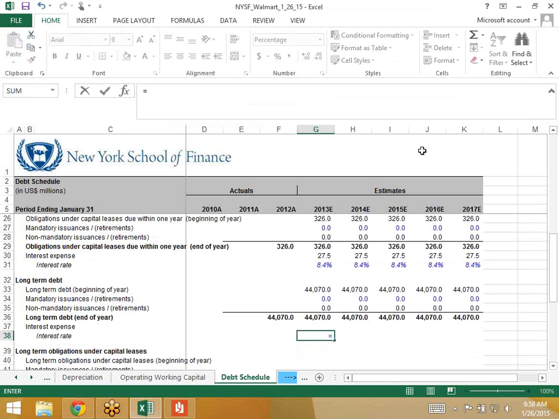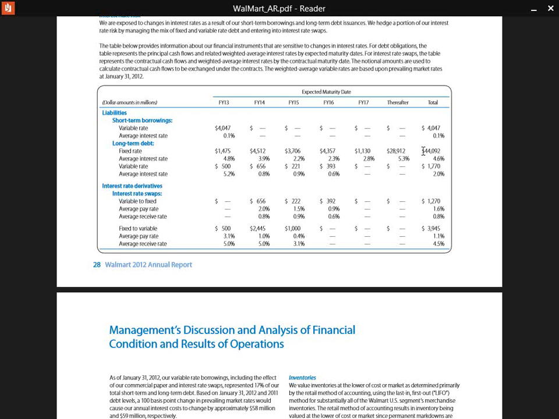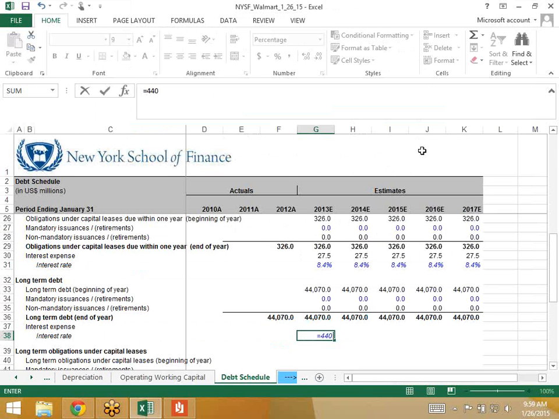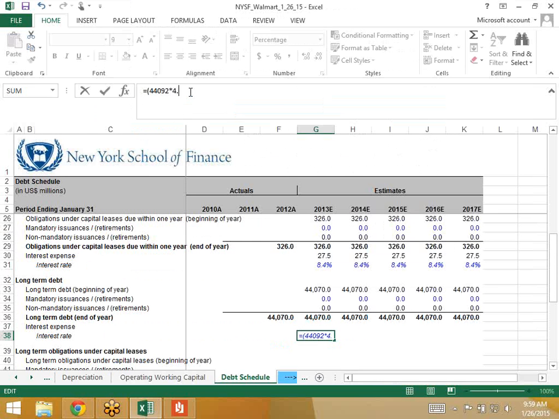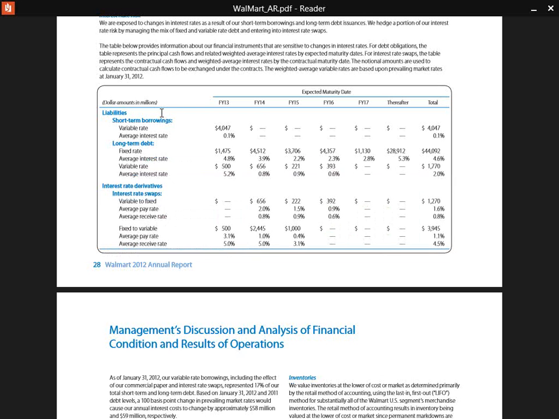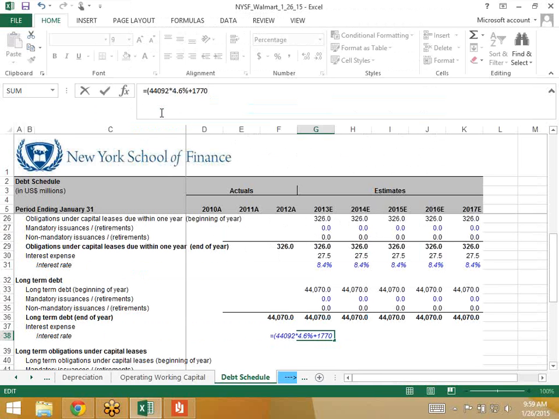So I'm going to do equals, open parentheses, 44,092 times 4.6%, plus 1,770 times 2%.